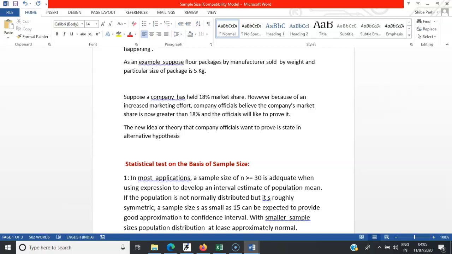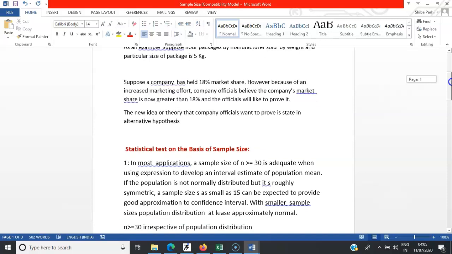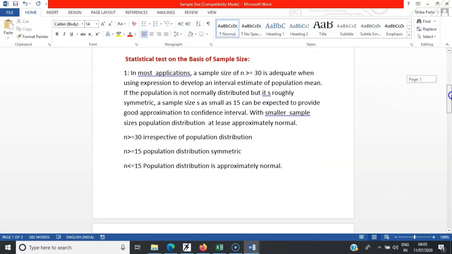Now, the statistical test on the basis of sample size. Sometimes students confuse the Z test with the T test.